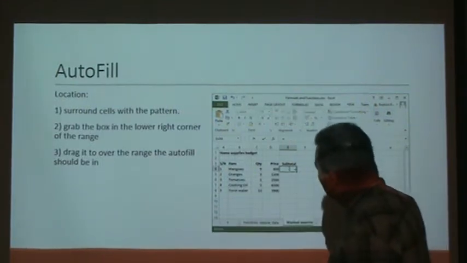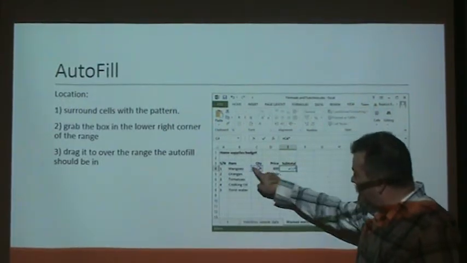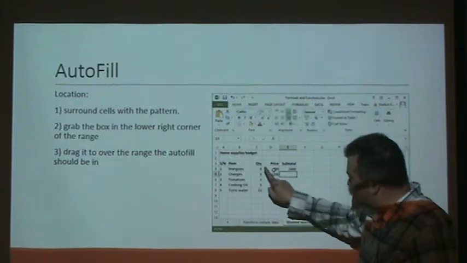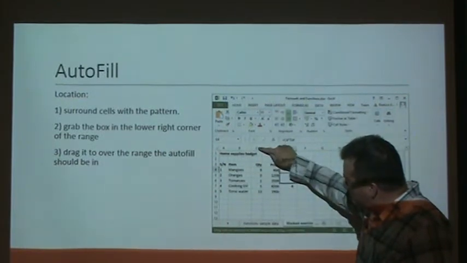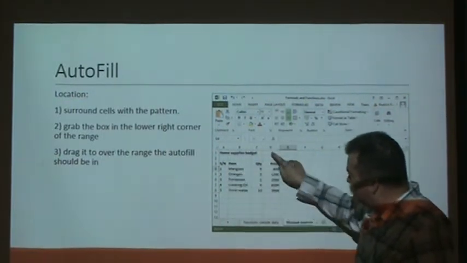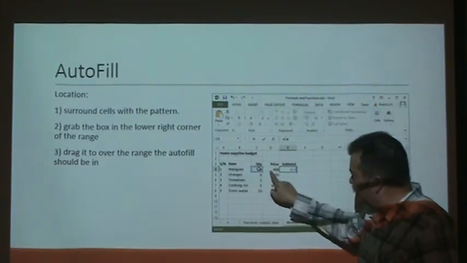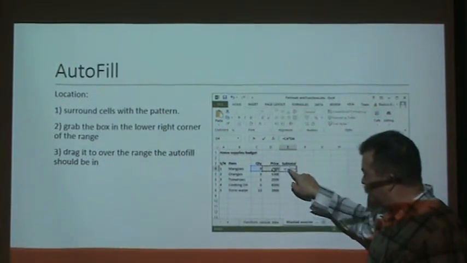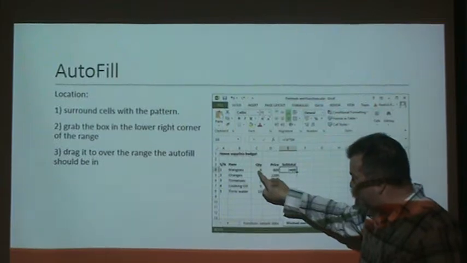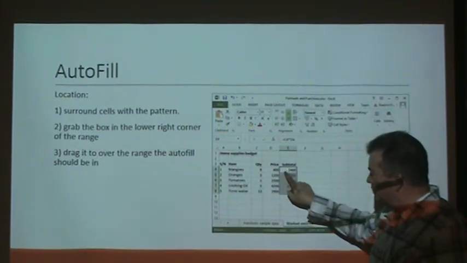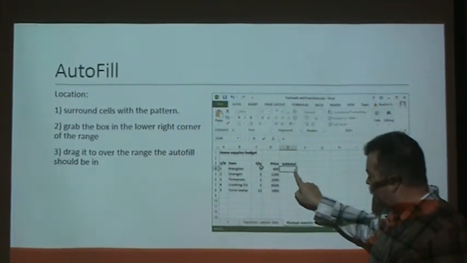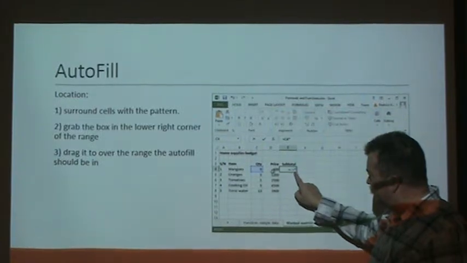Now you start to notice there's a pattern. On every one of these rows, the subtotal is going to be the value in the C column times the value in the D column. C4 times D4 is what E4 should equal. This is the total of this number times this number. So in the cell, you're writing equals C4 times D4.